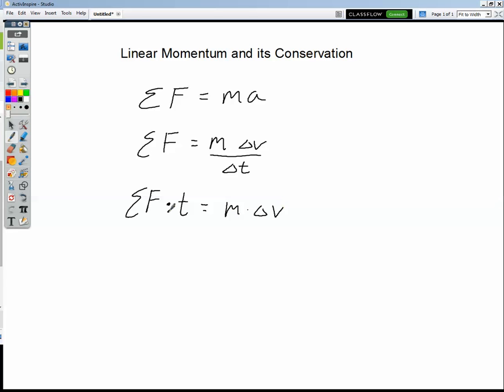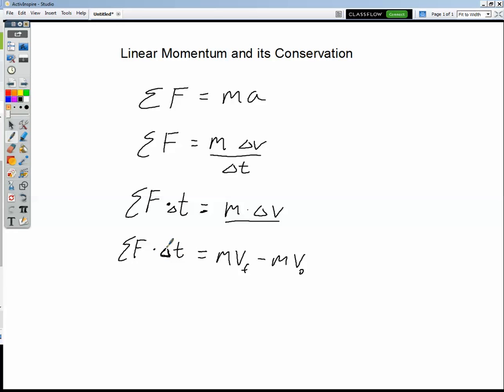And this should be a delta t, a time interval here. All right, now this mass times delta v over here, that is a special quantity, and that is called linear momentum. And writing it out explicitly here, we have m times v final minus m times v naught. And that's going to be the sum of the forces acting on the system times delta t.